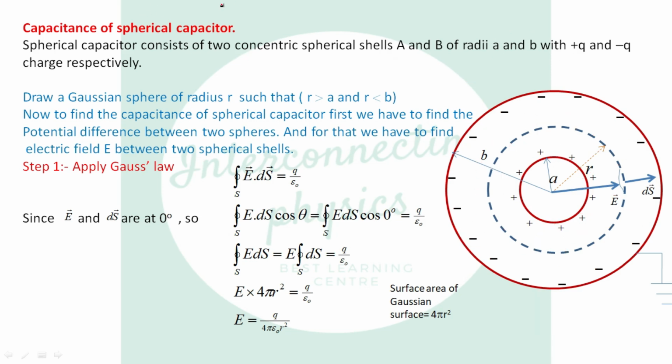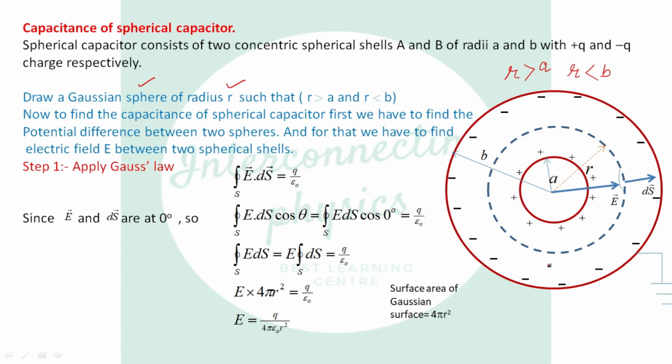So let us find it. Let us draw a Gaussian sphere of radius r between these two shells, such that r is greater than the inner radius a and r is less than b.